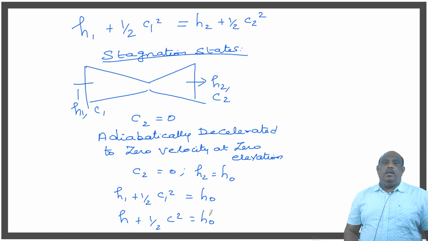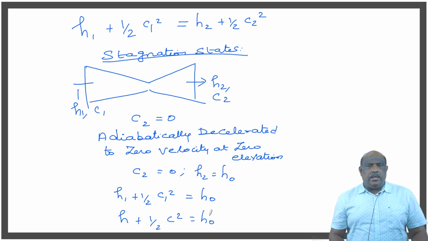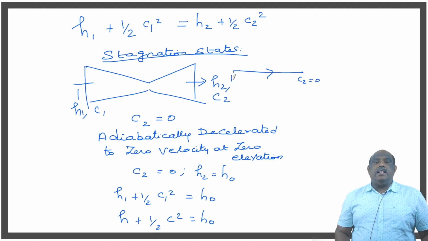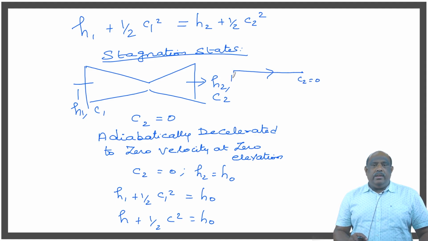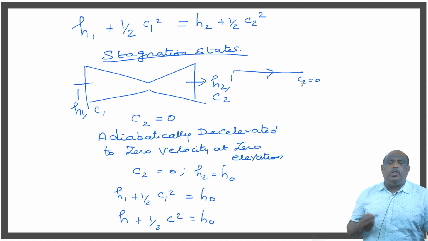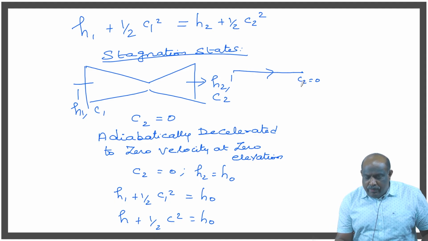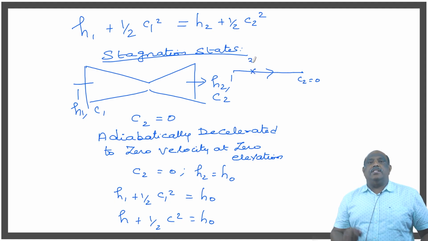H0. So you may be asking a question, sir, why have you not put 1? From 1, I am going to make the flow stagnate at point 2, where the velocity is brought to 0. There is no need for me to start from 1. I can start even from this location. Let us say this location is 3.